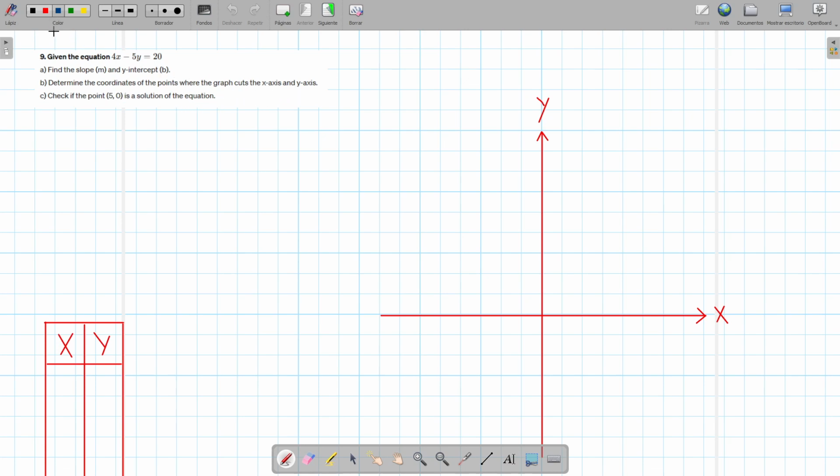So to begin this problem, we need to remember that the main formula for a linear function is y equals mx plus b, where m is the slope and b is the y-intercept.